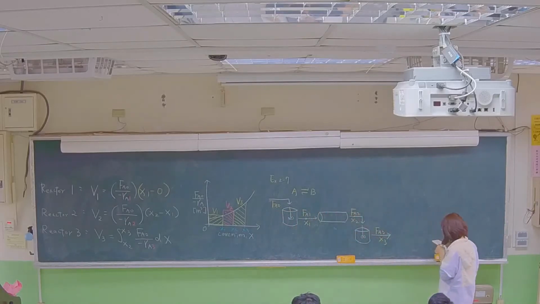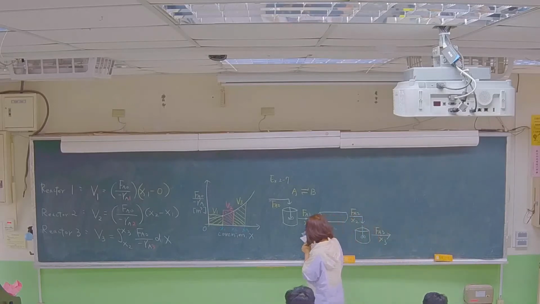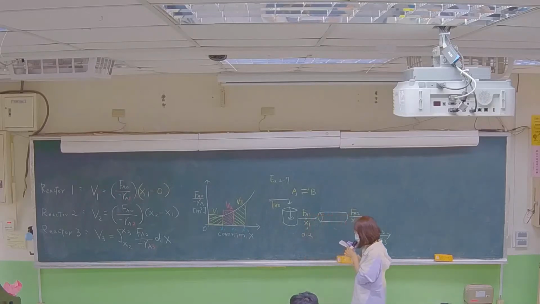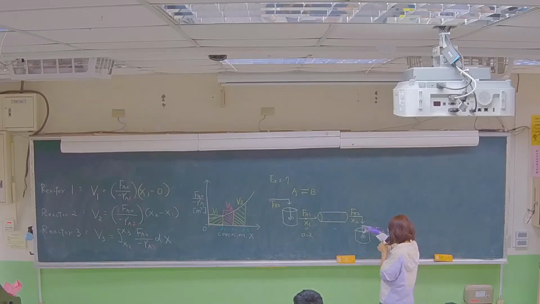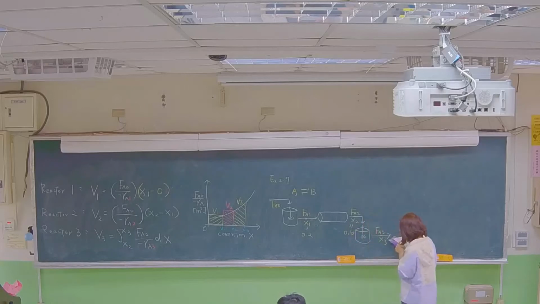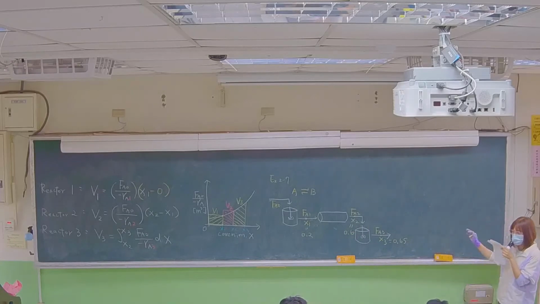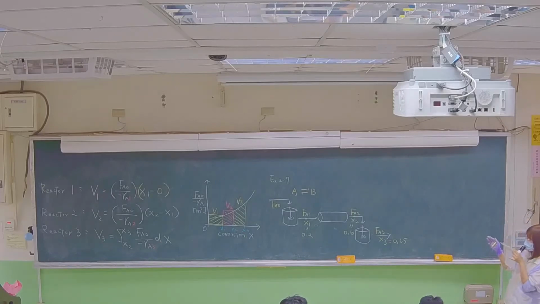Okay, so let's talk about this system. X1 is equal to 0.2. X2 is equal to 0.6. X3 is equal to 0.65. The information is in the figure. Also, we have FA0.